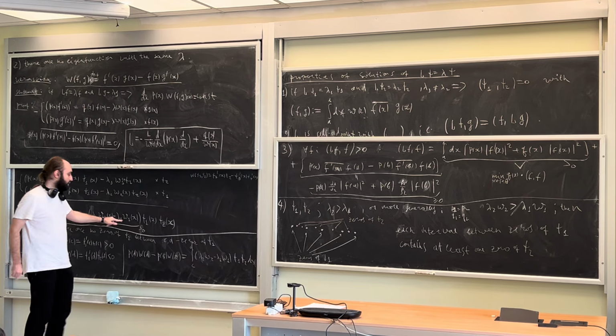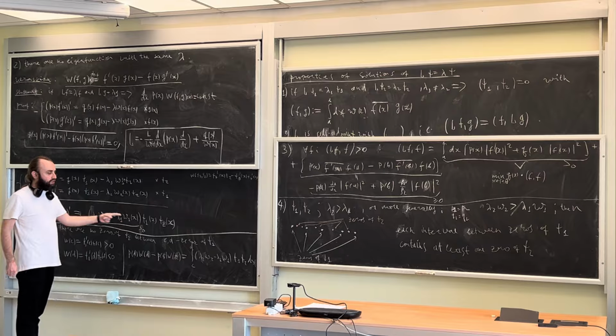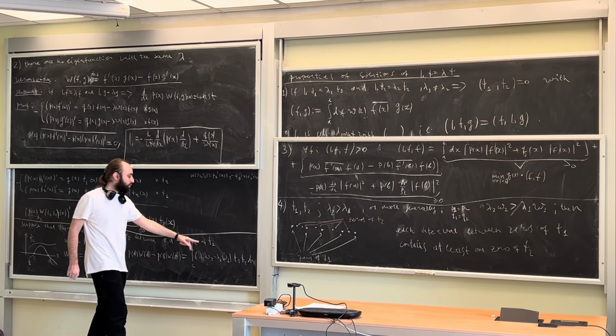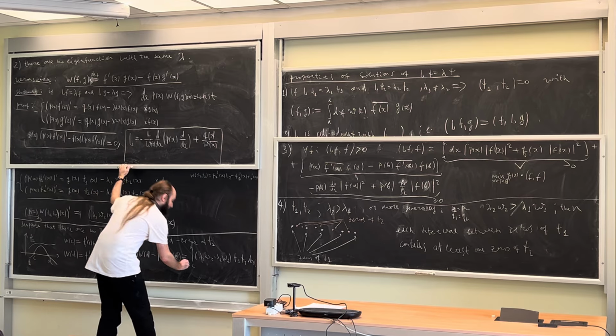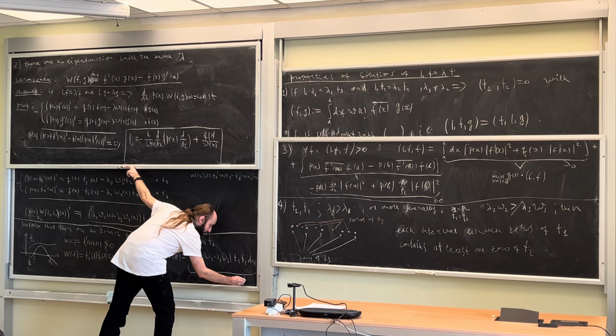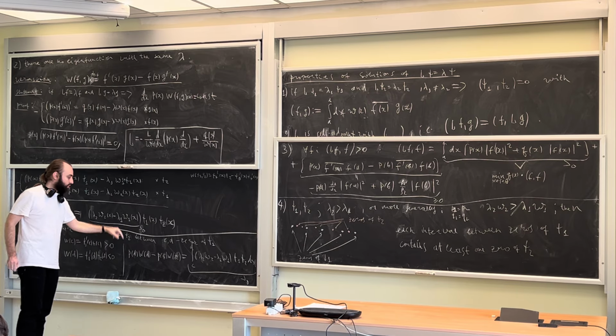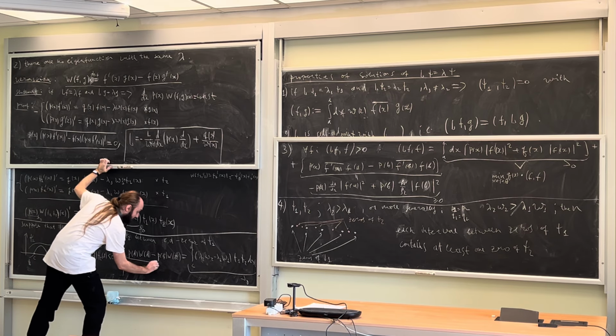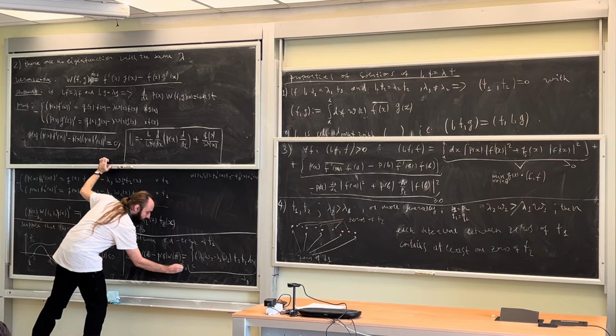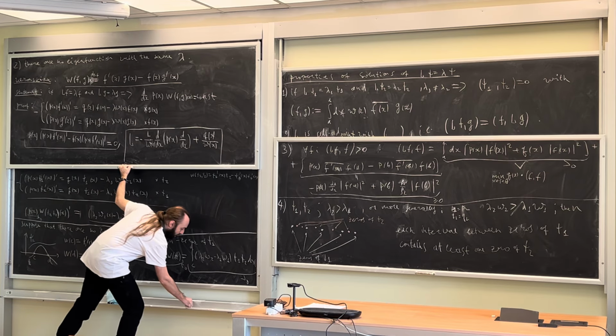I simply integrated this expression. So this integral is positive because psi1, psi2, and this term are positive. And the left side is negative because both terms are negative. So it's a contradiction.